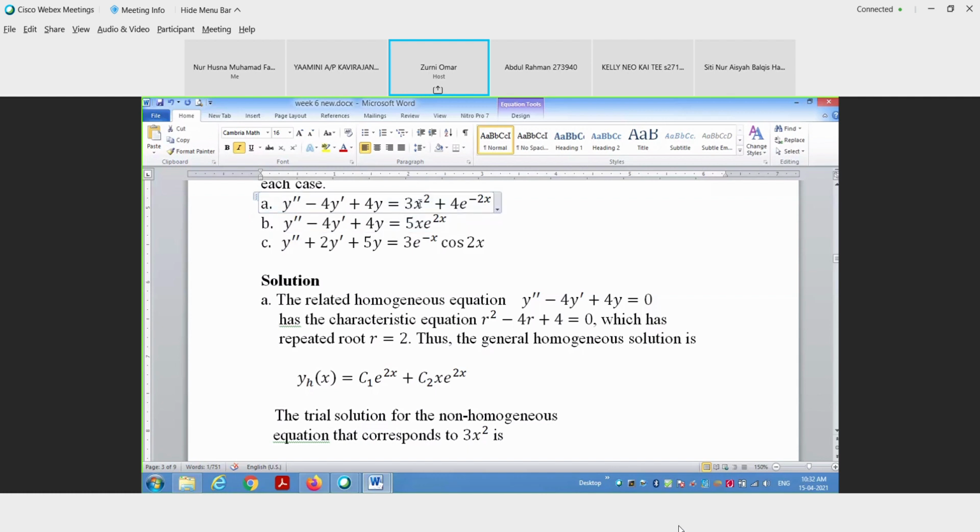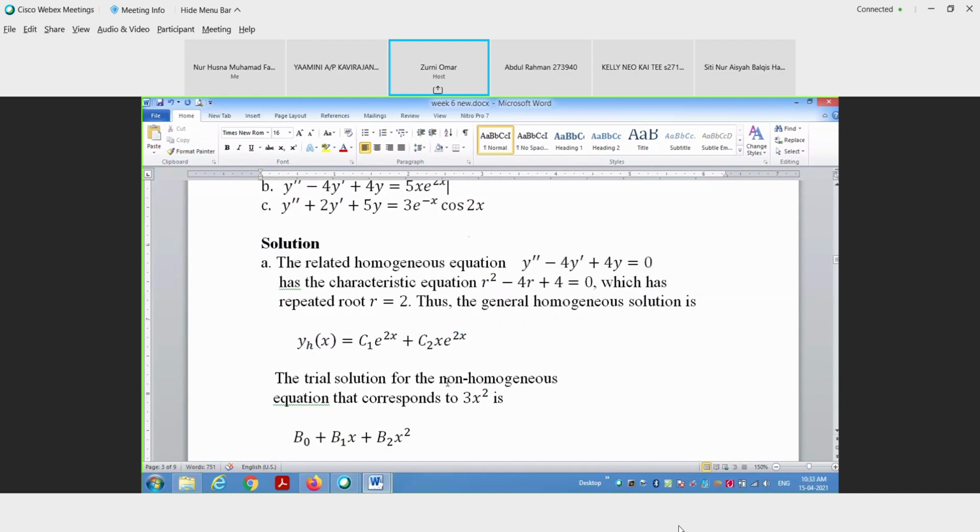When the right hand side becomes 0, the homogeneous equations are the same. So we will get the same YH, which is C1 e^(2x) plus C2 x e^(2x).